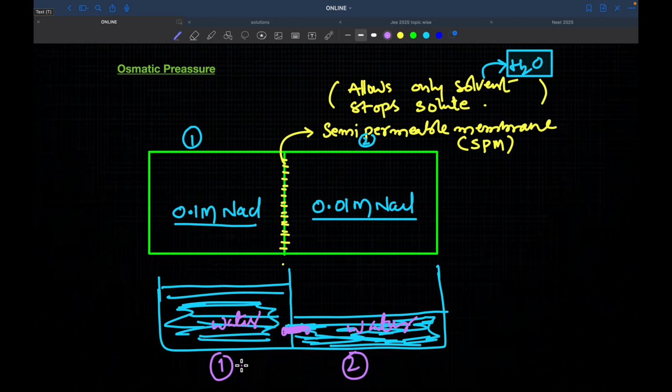Tell me. Satyasri, tell me. So 1 to 2, I guess. Yes, 1 to 2. Why? Because the purpose is to equalize it. If you open this, all the water flows from here to here, isn't it? And how long will it flow?